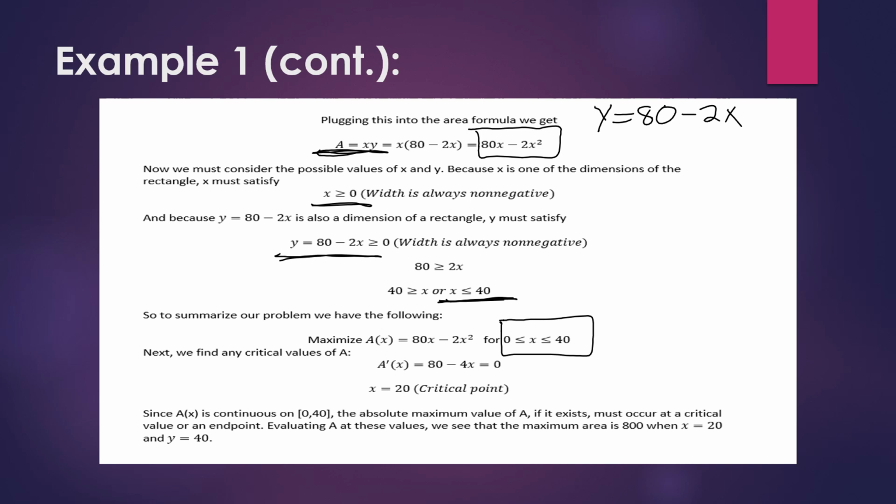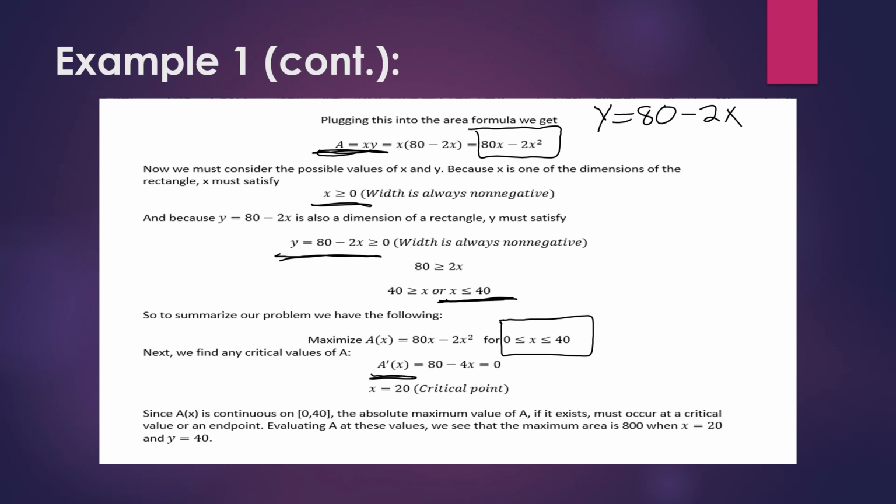So now I'm going to try to find critical values for A. I know that the area is 80x minus 2x squared. So if I take the derivative, A prime, I get 80 minus 4x, where x equals 20 is a critical point.